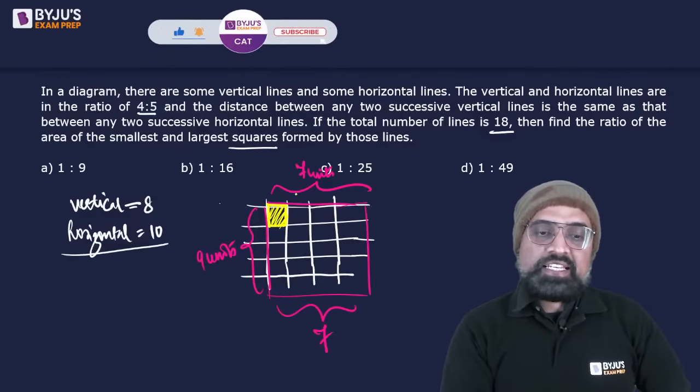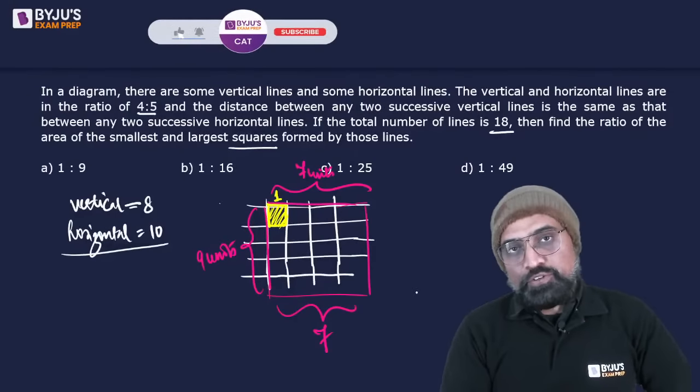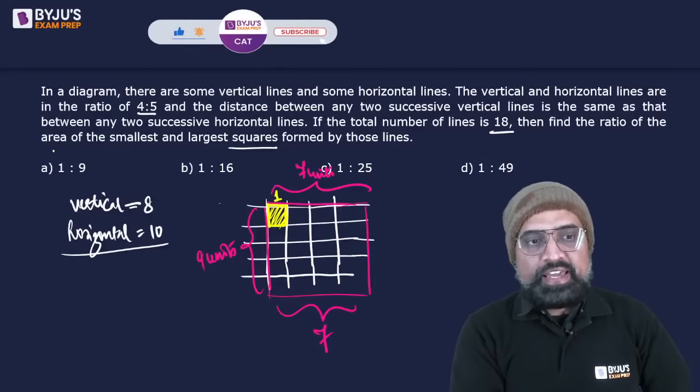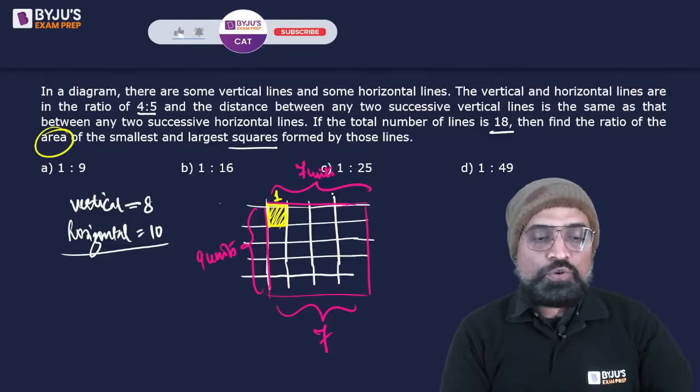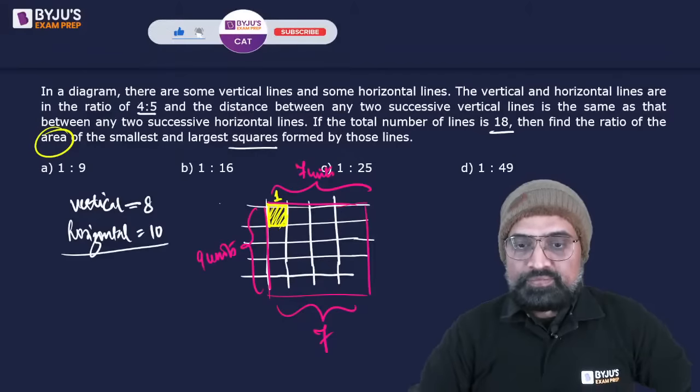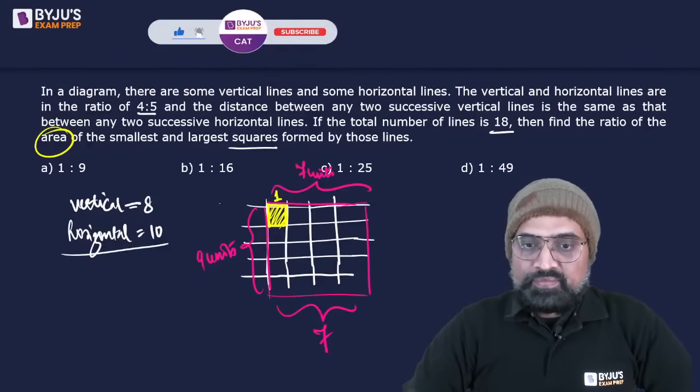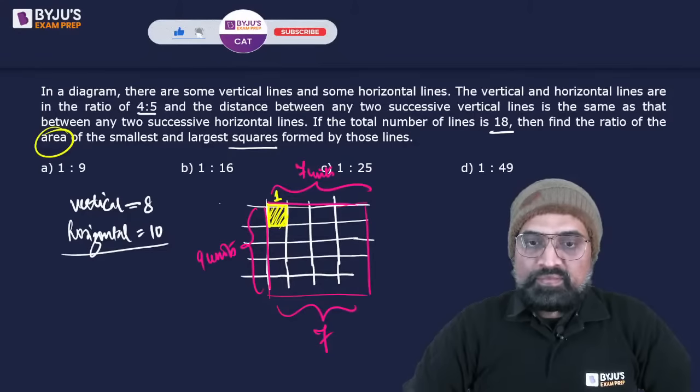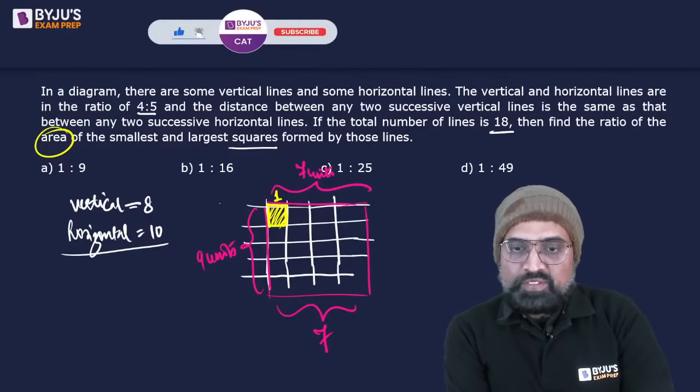So if the sides are in the ratio 1:7 for the two squares, their areas will be in the ratio which one? No, Varun. Almost the same.